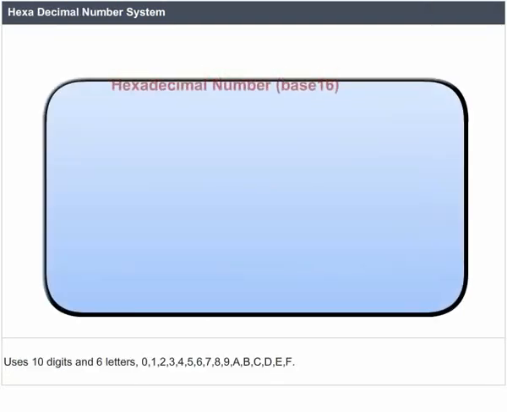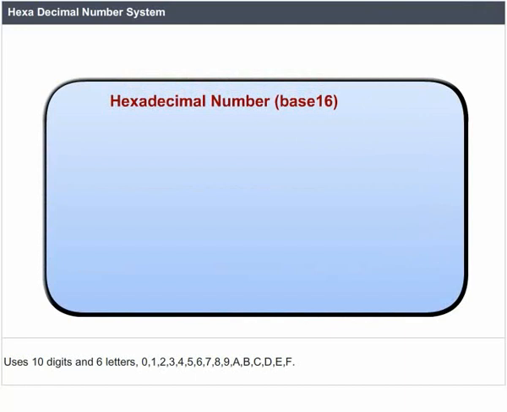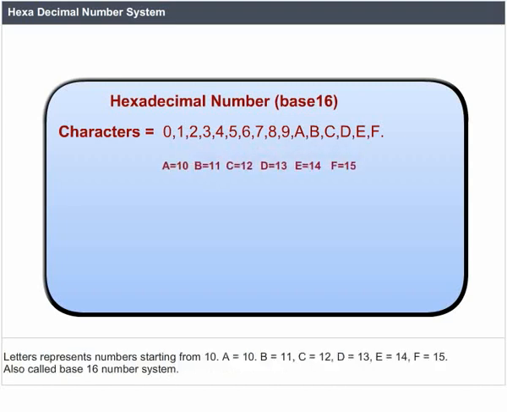Hexadecimal number system uses 10 digits and 6 letters: 0, 1, 2, 3, 4, 5, 6, 7, 8, 9, A, B, C, D, E, F. Letters represent numbers starting from 10. A equals 10, B equals 11, C equals 12, D equals 13, E equals 14, and F equals 15.